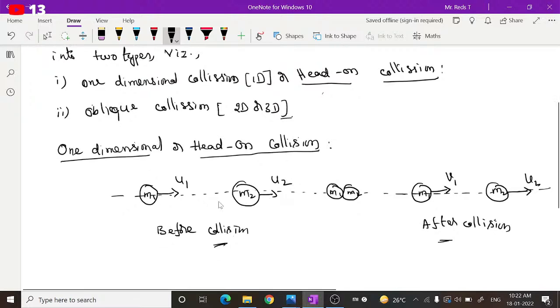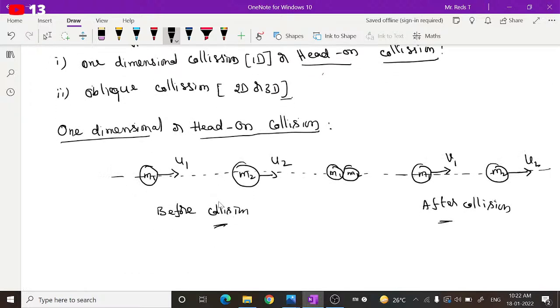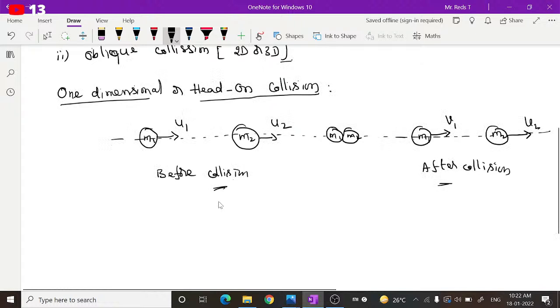An example. This is one of the examples, or you can also recollect back one of the examples from your chemistry. In chemistry, you might have studied one chapter called atomic structure. The same chapter we are going to study in the 12th standard. From that concept, if you recollect one simple conceptual example like the alpha scattering experiment, you can understand one thing.